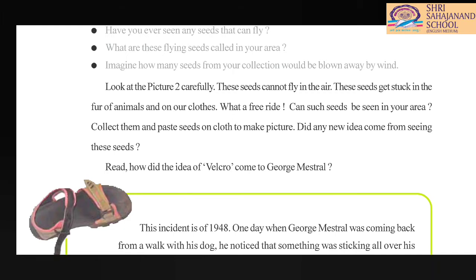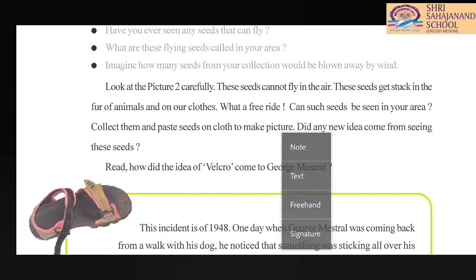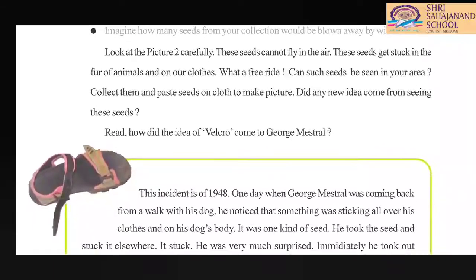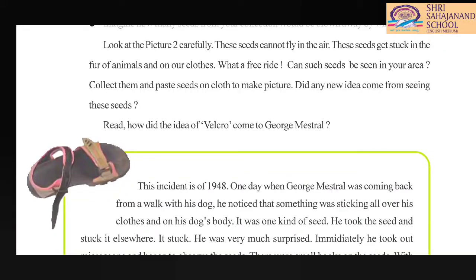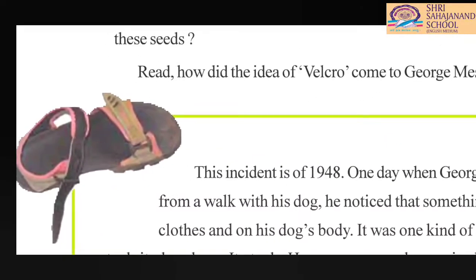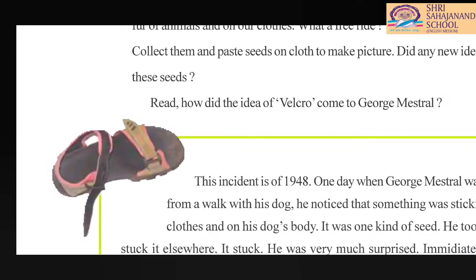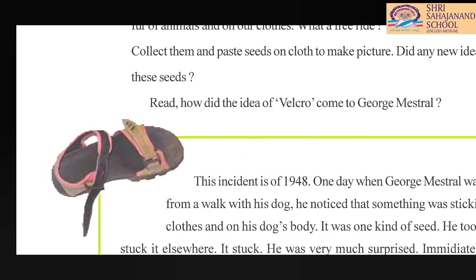So here, an important invention is made by whom? Made by George Mestral, who invented the Velcro. The Velcro which is used in our sandals and sometimes in our bags to open and close. This Velcro is invented by whom? George Mestral.